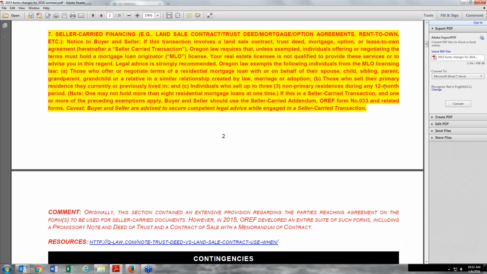And by that I mean for some or all of the purchase price, and that the buyer will be making periodic installment payments to the seller themselves. There is no third-party institutional lender involved. And that is, by definition, under the sale agreement, a seller-carried transaction.